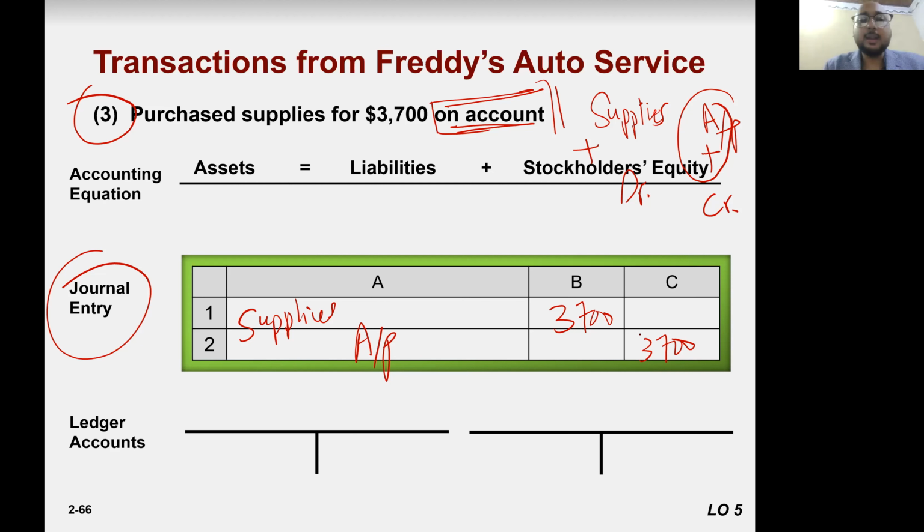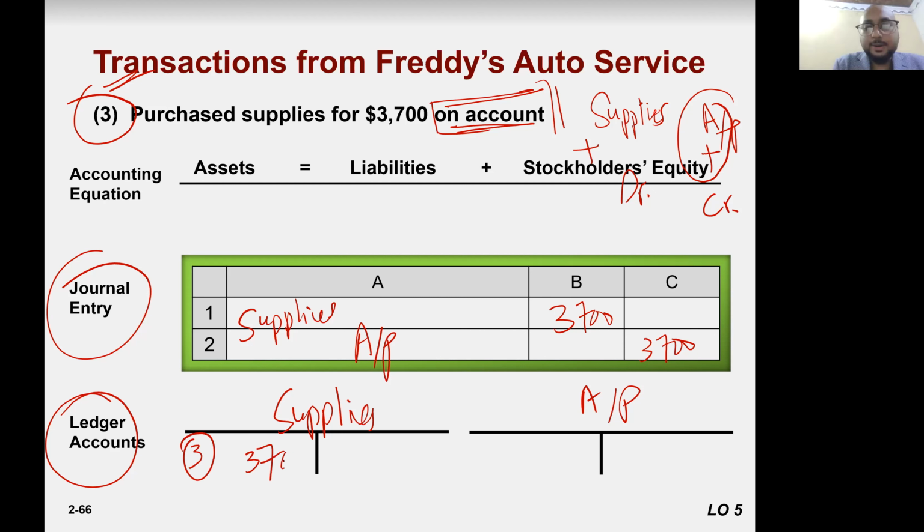And if I ask you to post, you make a T account. We don't have a supplies account before, so we establish supplies and accounts payable. This is 3. So you write down 3,700 from the third transaction, or 3rd April, 3,700 on the credit side.